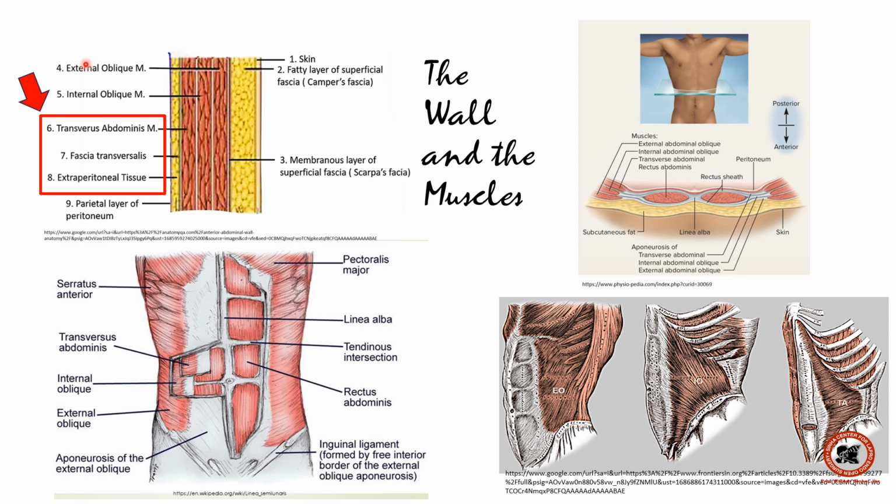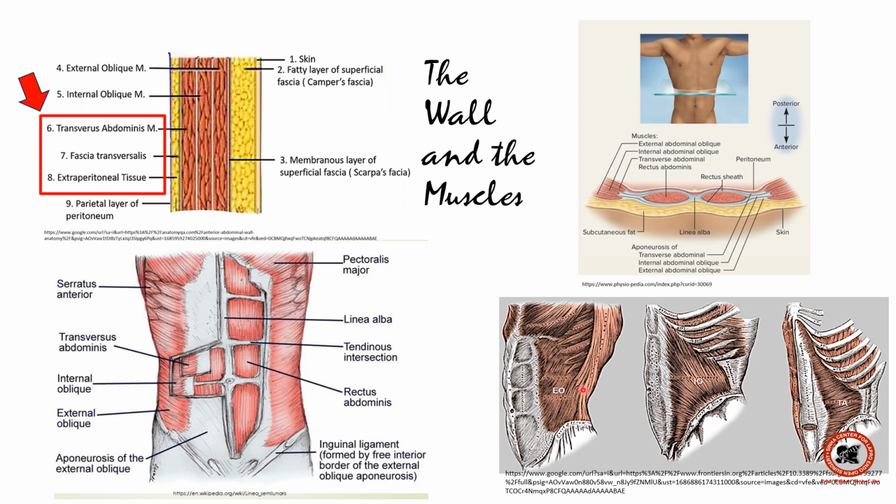The highlighting of transversus abdominis, fascia transversalis, and peritoneal tissue is to highlight the fact that now the major understanding of the genesis of hernia, and how to treat and prevent hernia formation, resides in these three important layers: the transversus abdominis muscle, the transversalis fascia, and the extraperitoneal tissue.